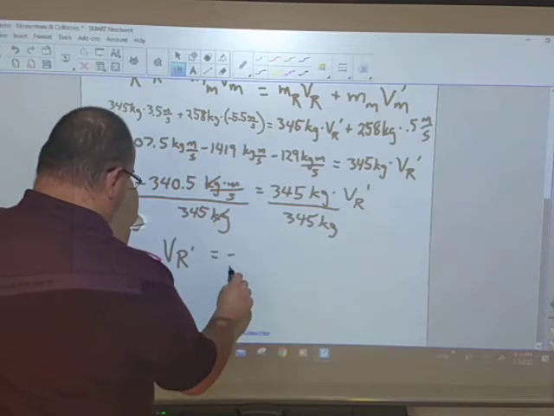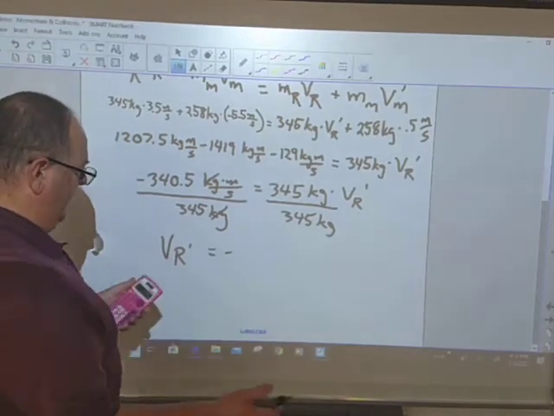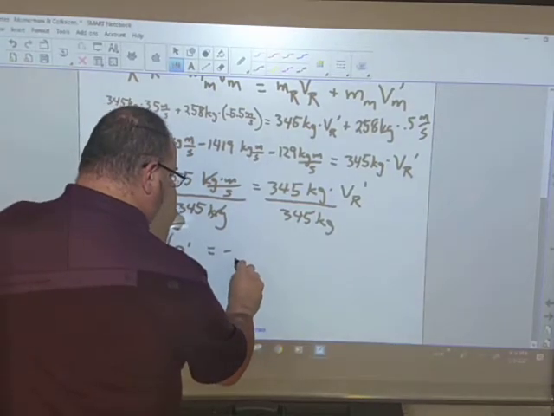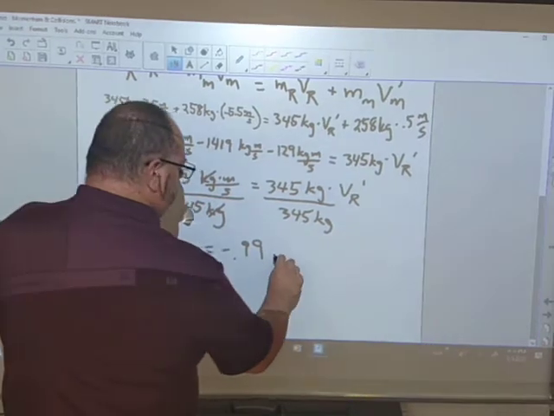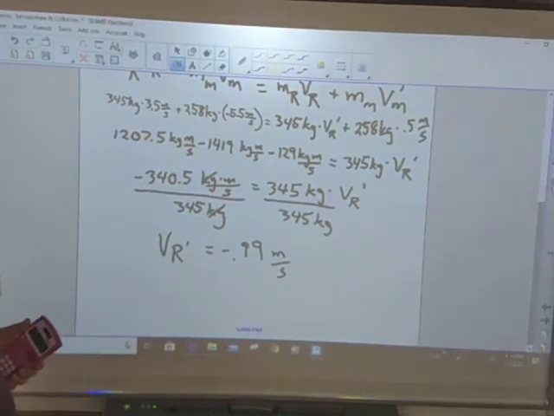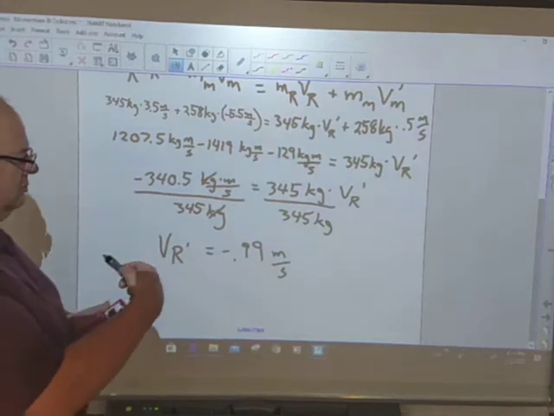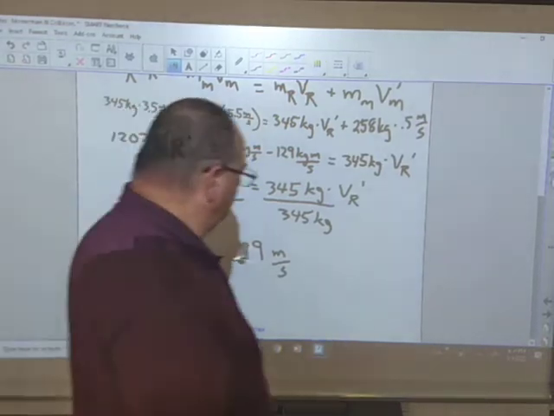Negative, it says 0.9869, so 0.99 meters per second. Negative means that way. All right, just means to the left.